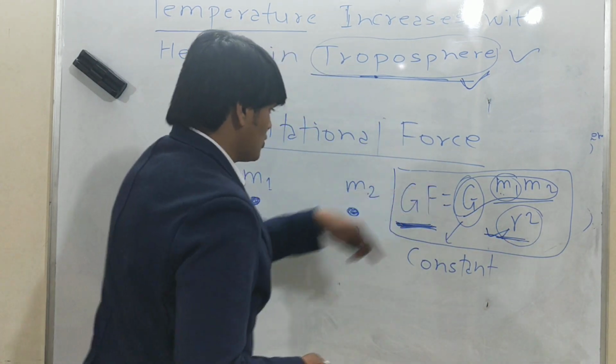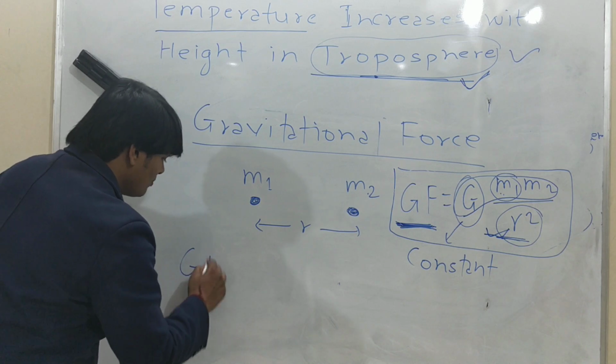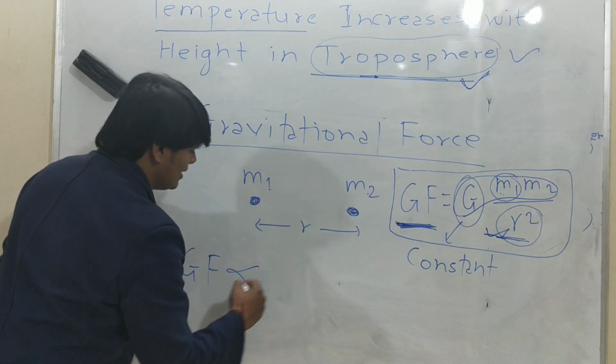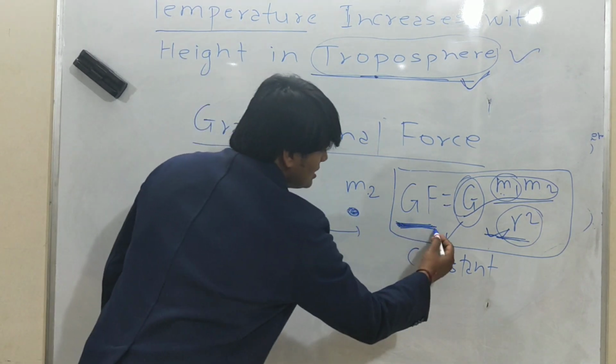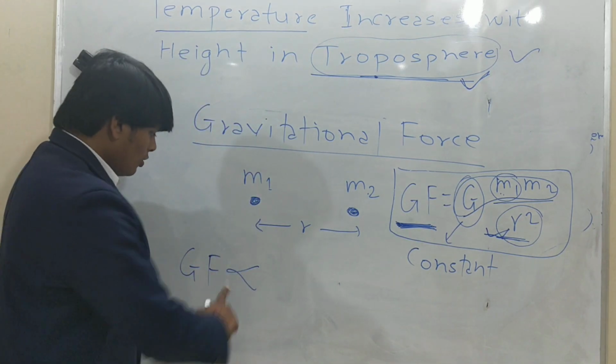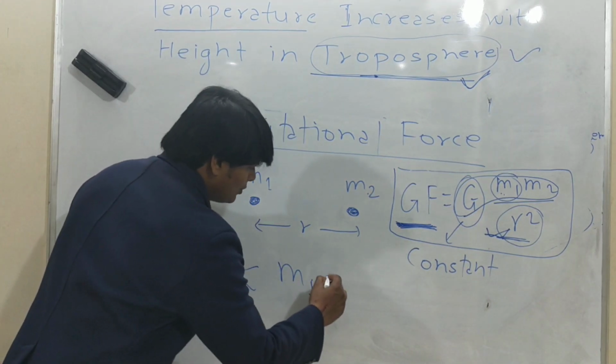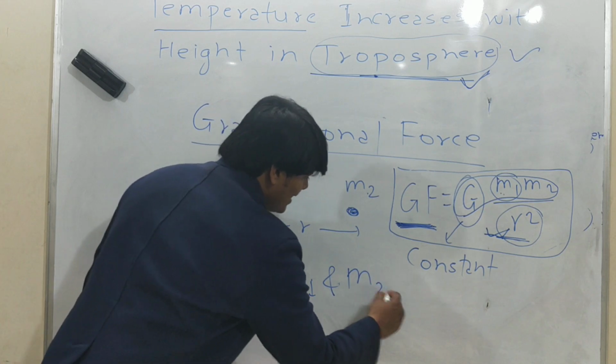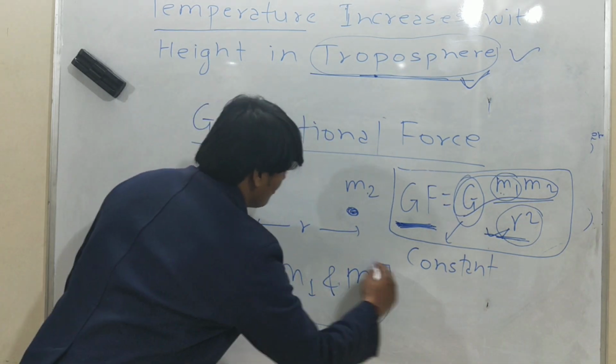Firstly we are going to talk about the numerator: if the mass of the particles increases, the value of GF will increase. So m1 and m2 have a direct relation with the gravitational force.